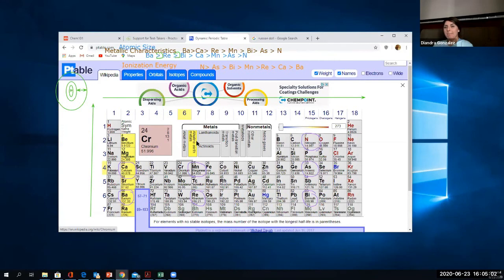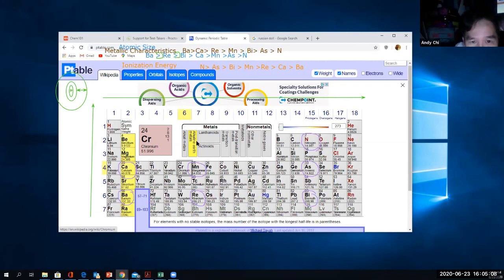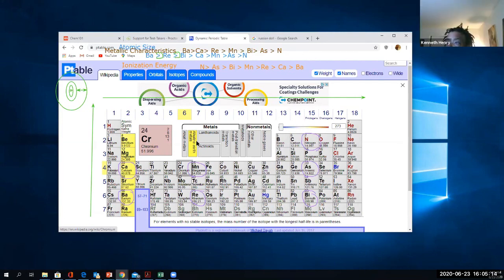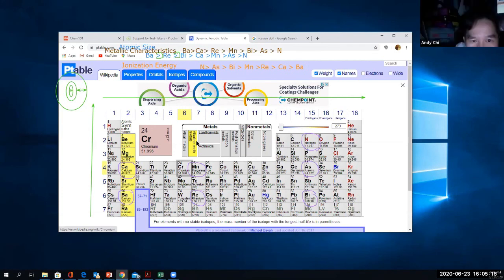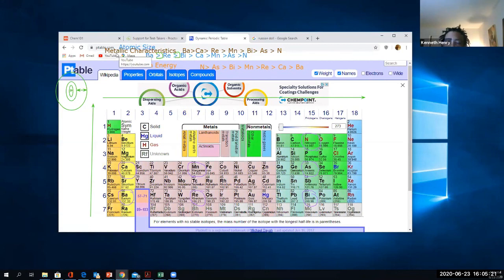On metallic character, barium and calcium. Can I put calcium first? No, calcium would go first.